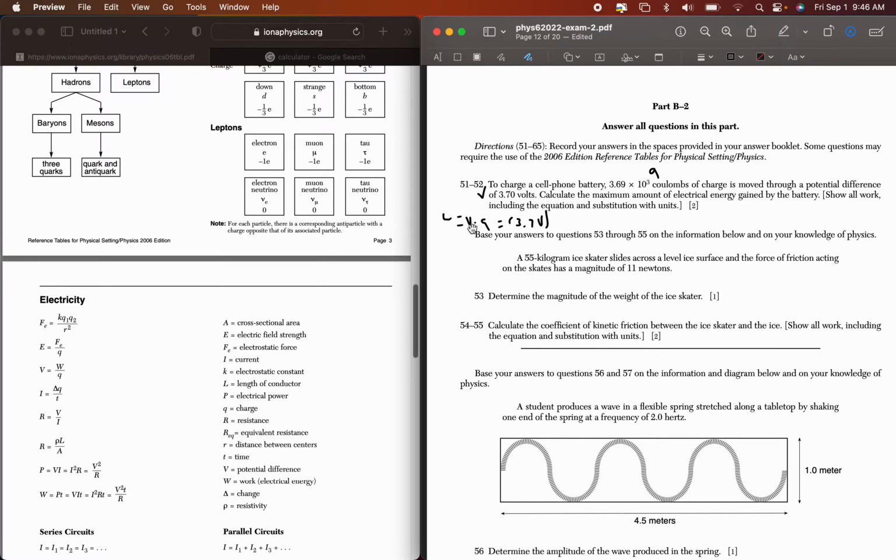Here you want to write the units down here. 3.7 volts times 3.69 times 10 to the 3 coulombs.